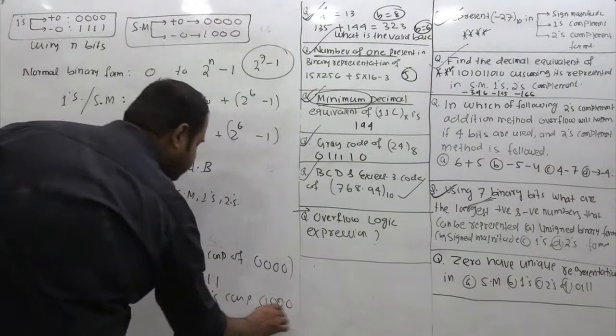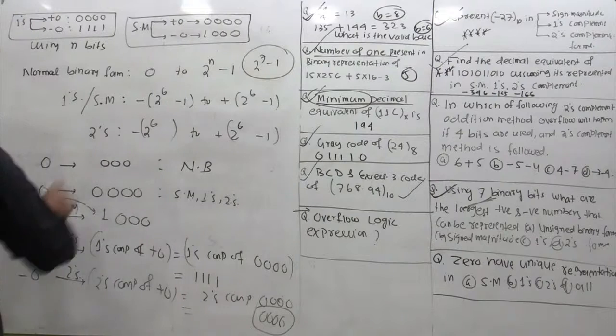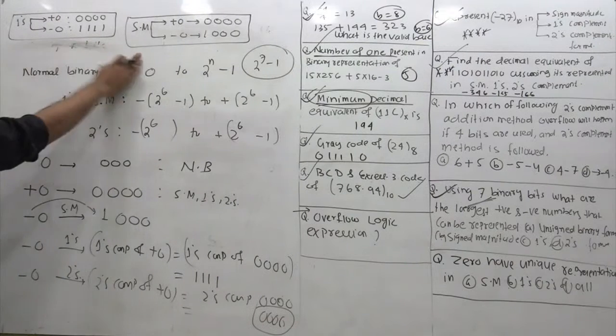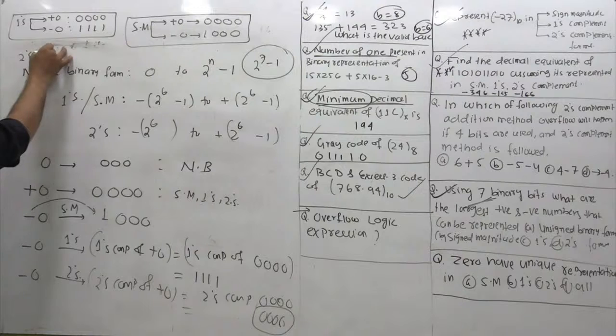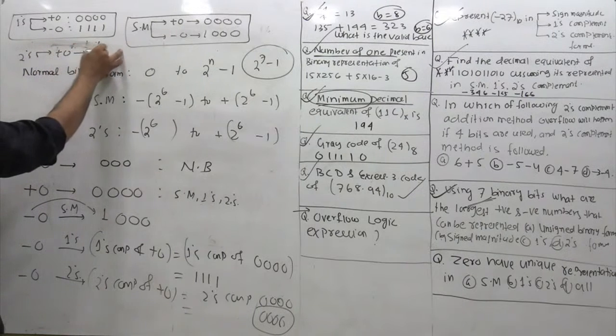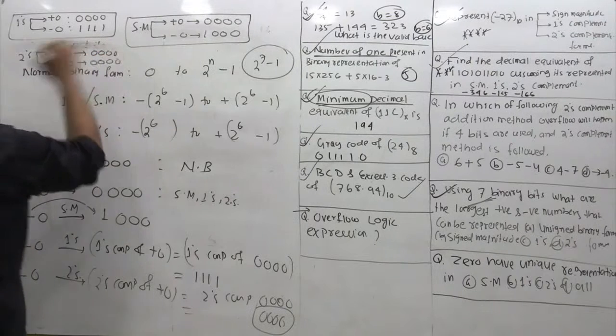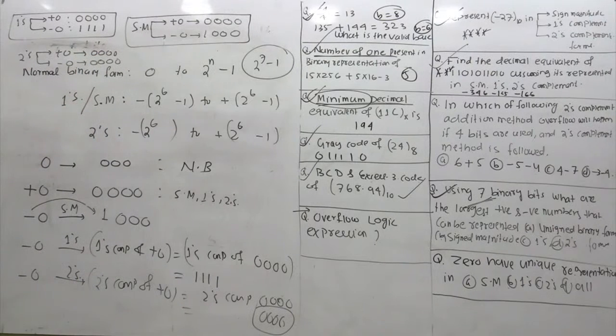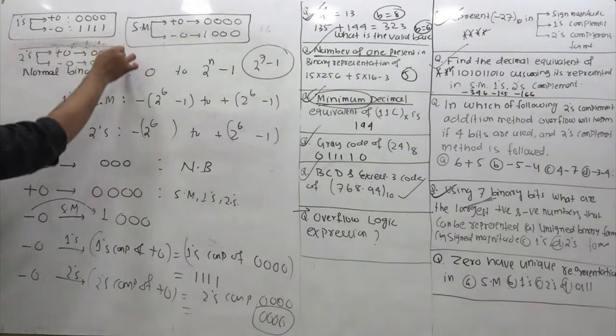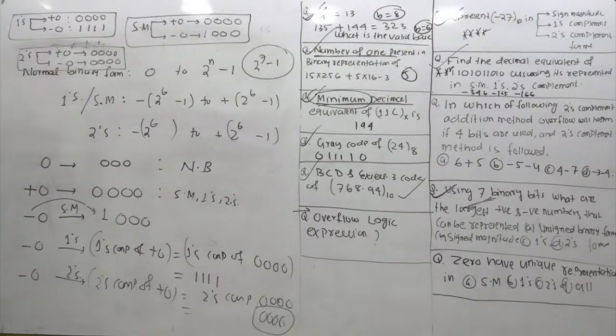So the answer is 0, 0, 0, 0. In 2's complement form, plus 0 is 0, 0, 0, 0 and minus 0 is also 0, 0, 0, 0. So 0 is represented uniquely; plus 0 and minus 0 are treated the same in 2's complement.